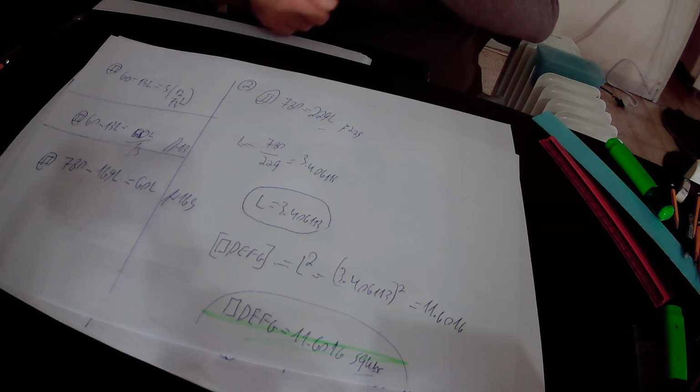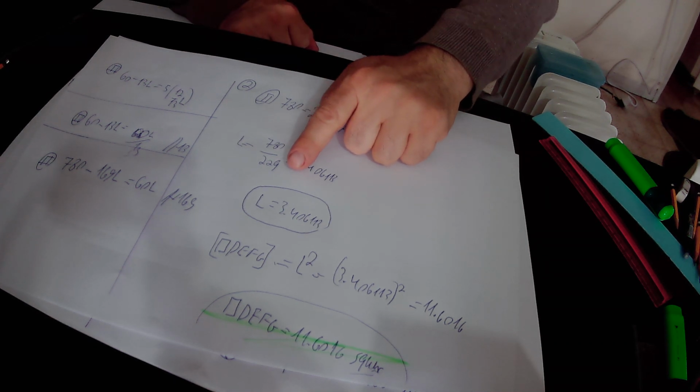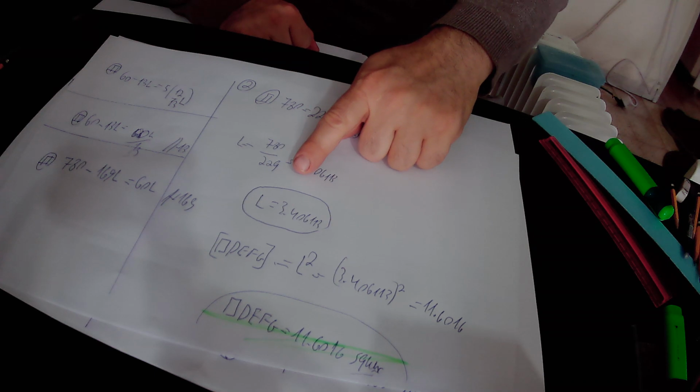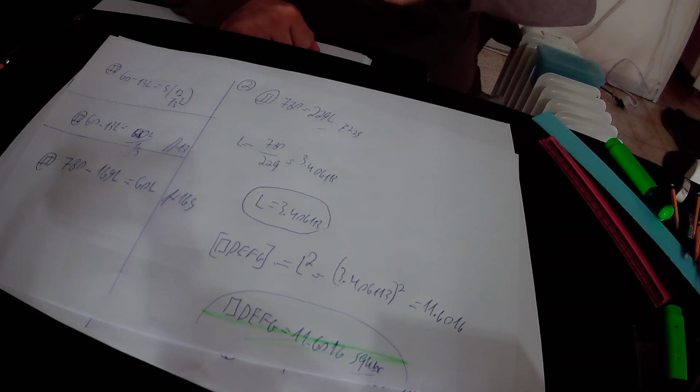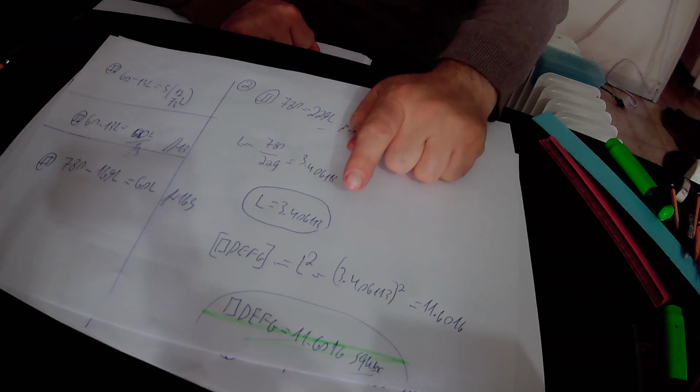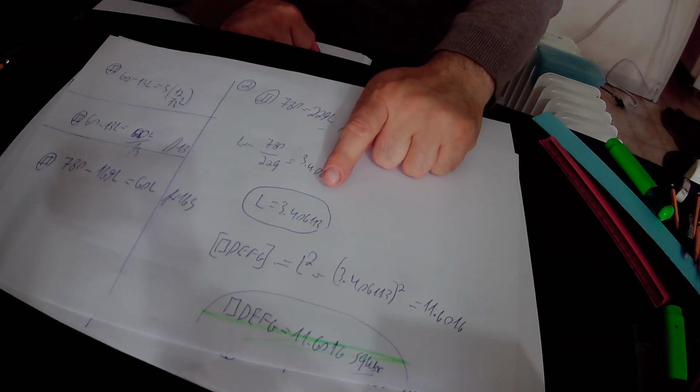And what is the area of any square? The area of any square equals the length of one side squared. The length of one side, according to our definition, is L, and therefore the area is L squared. We found that L equals 3.40611 units.